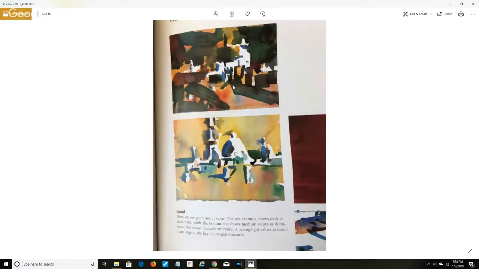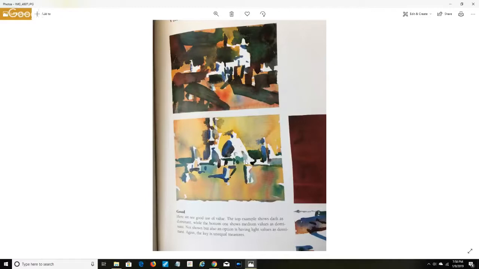Let's see what this one was. This was value, which is a design element, right? This is good because this one is an example of the low key painting with the predominant darks, but it still has bits of light in it. And this is the bright light value, high key.